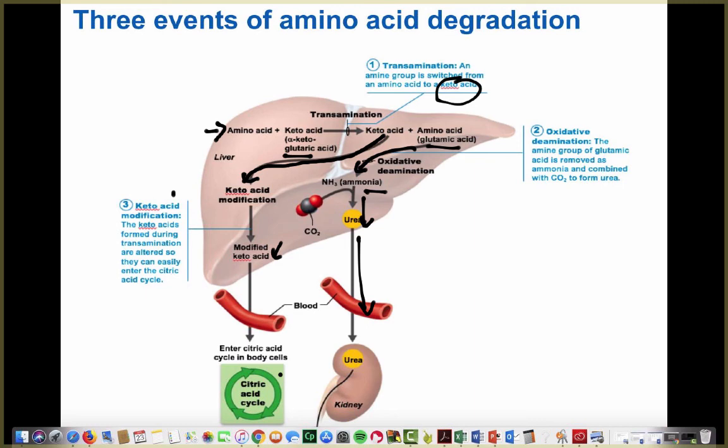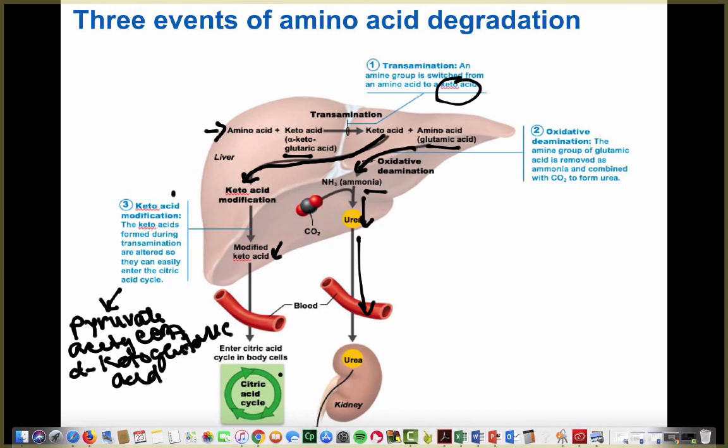So the major metabolites that are produced here in this keto modification are things like pyruvate or pyruvic acid, acetyl-CoA, alpha ketoglutaric acid, and oxaloacetic acid.